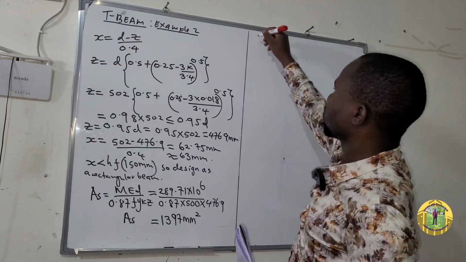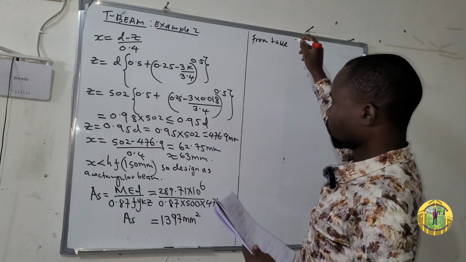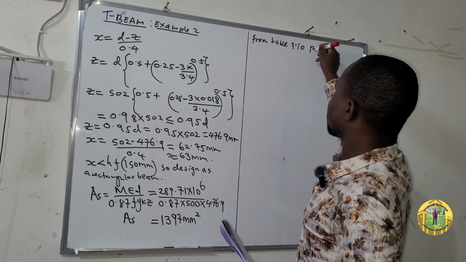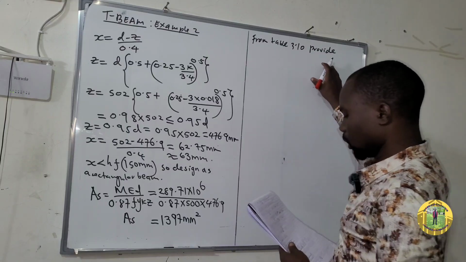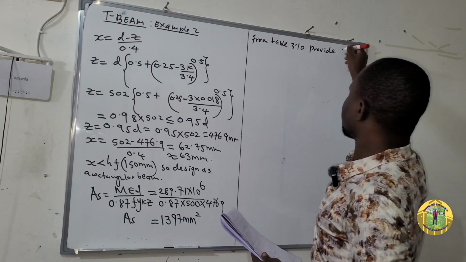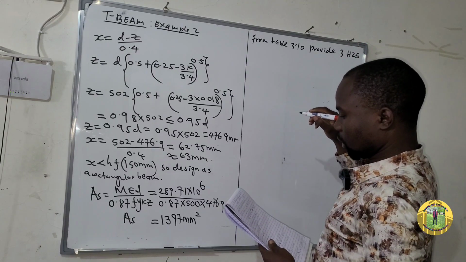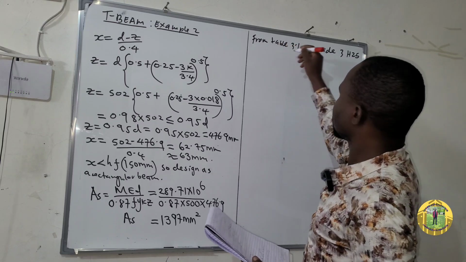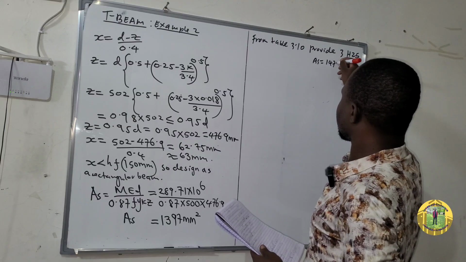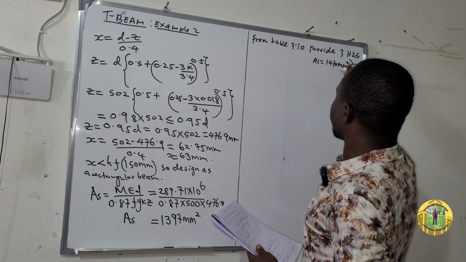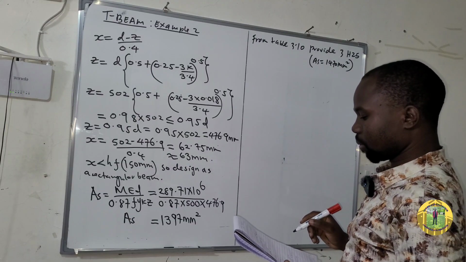Then you will say from table 3.10, I hope you know how to convert this area into steel reinforcement. Provide 3H25, and then the area of steel is equal to 1470 millimeter square.